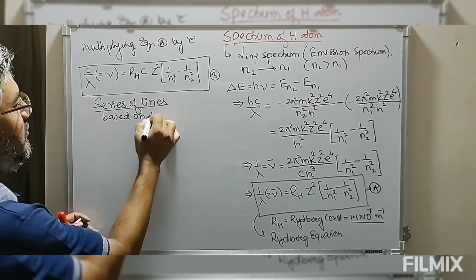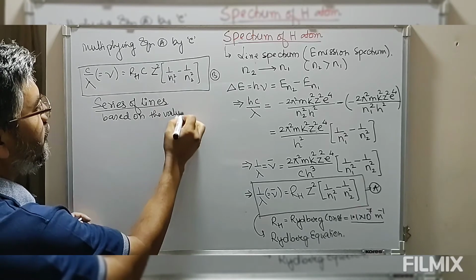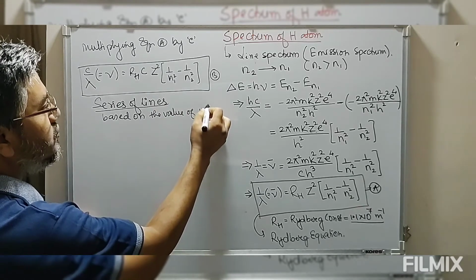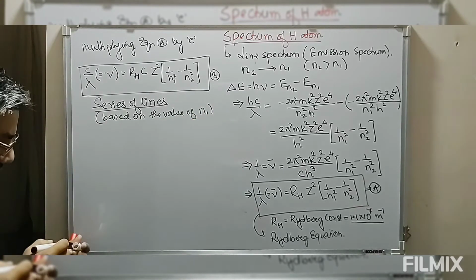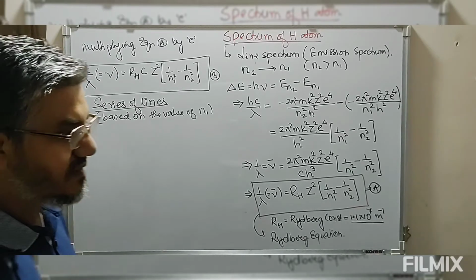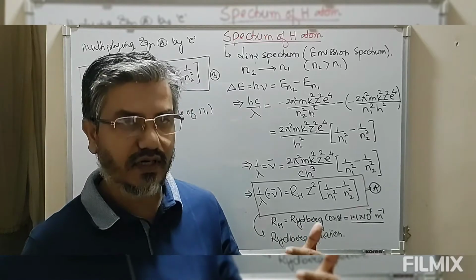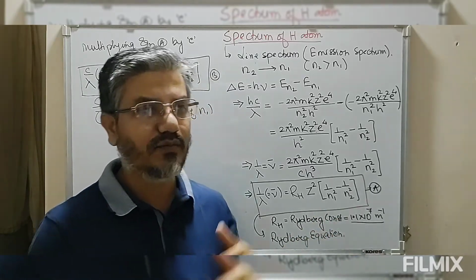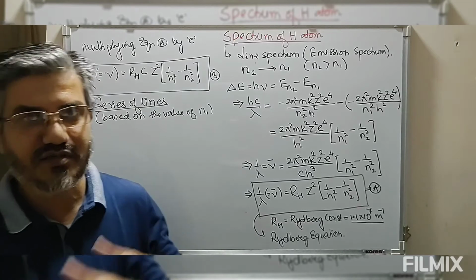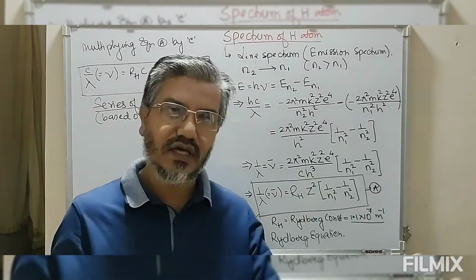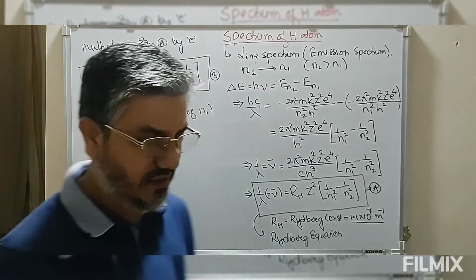Depending on the value of n1, we can have different series, and these series will have different frequencies and different spectra. Some of these may be in ultraviolet, some in visible, some in infrared. So we are going to discuss this.